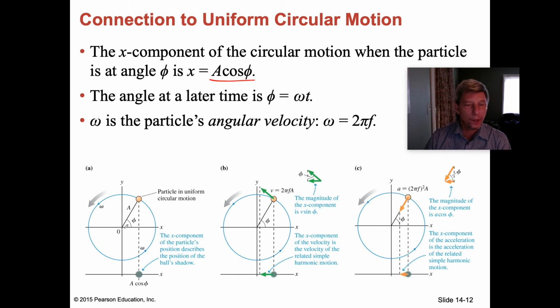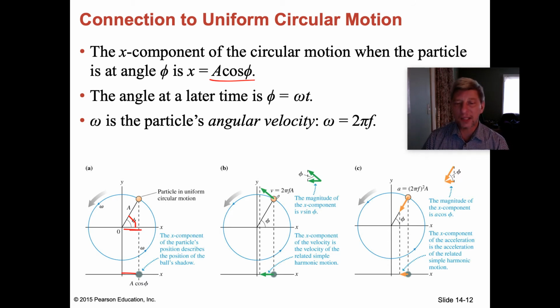All right, so here's the length of the rod, the amplitude. Here's the angle theta in here, and so the distance that we see here is going to equal A times the cosine of theta. It's the same as this distance here.